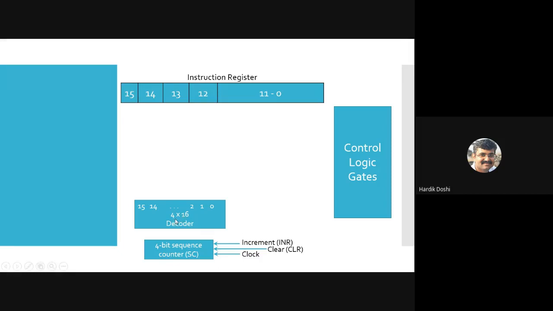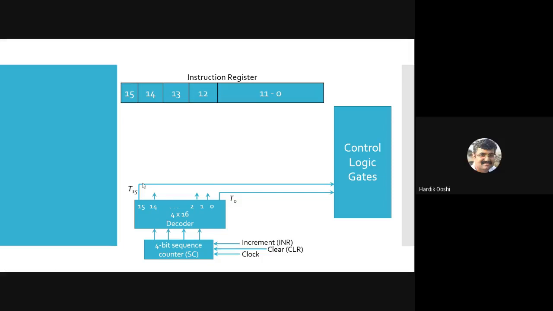I am using a 4x16 decoder: 4 inputs, 16 outputs. Am I correct? Yes, sir. The outputs will be generated in sequence, correspondingly T0, T1, T2, T3, T4, T5 till T15. I'll be getting them one by one.